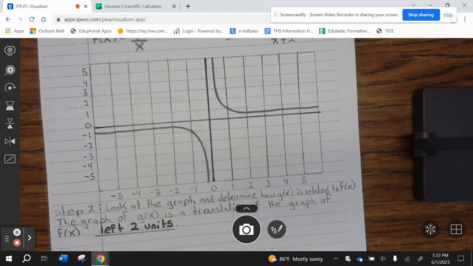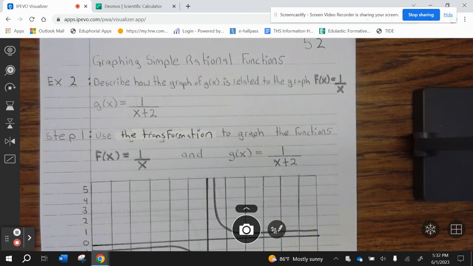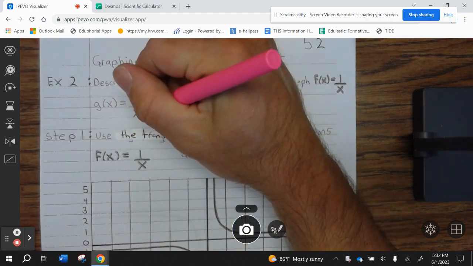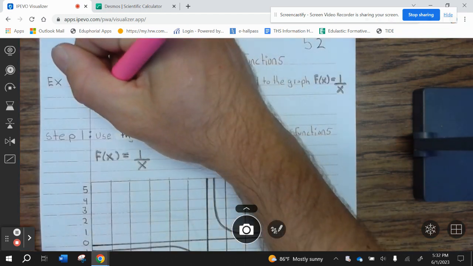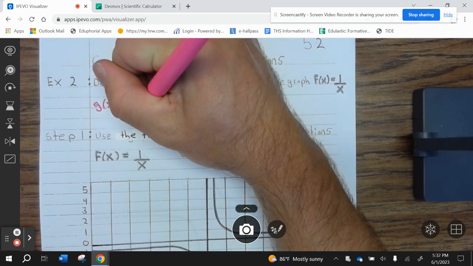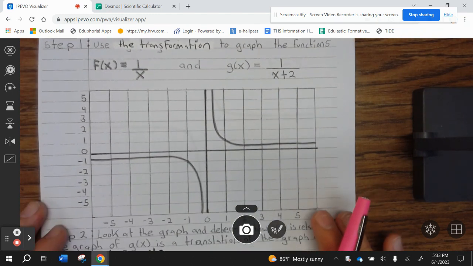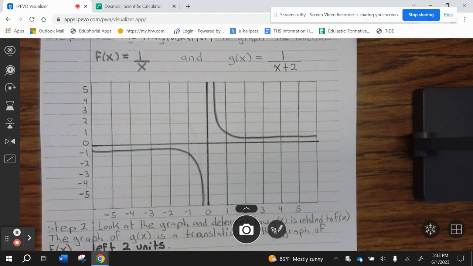Let's take a look at example number 2. Okay, example 2. Describe how the graph of g of x is related to the graph of f of x. Now this plus 2 means that it's going to go left 2. So let's go ahead and graph this in pink. Okay, so all you have to do is move the graph left 2.